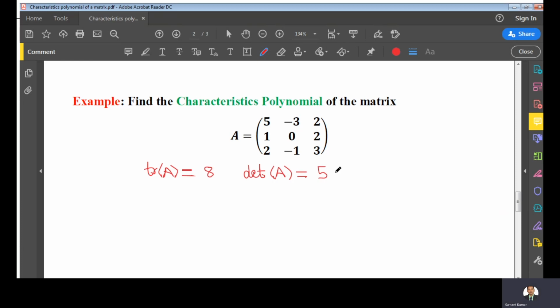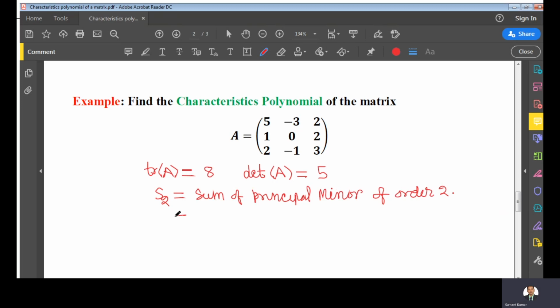The determinant of A is 5. And now the question is, how will you find S2? S2 means the sum of principal minors of order 2. How will you find it?